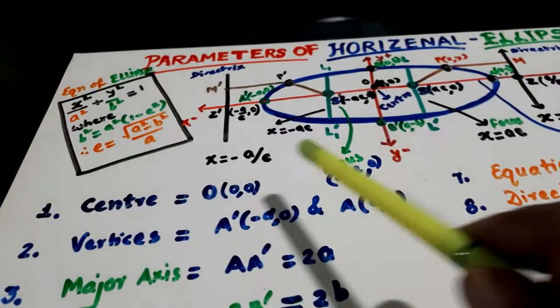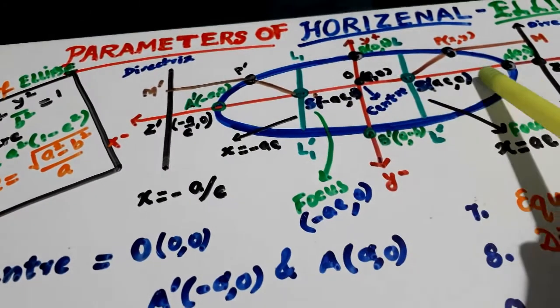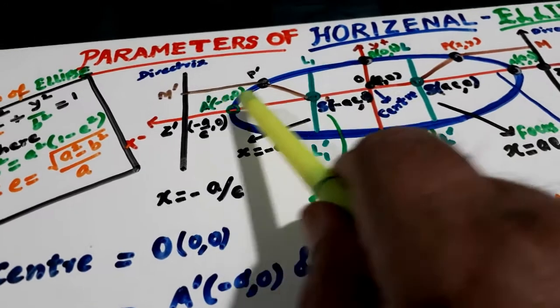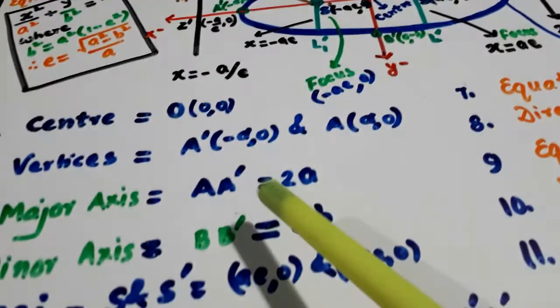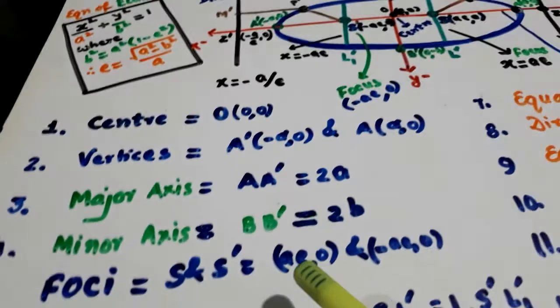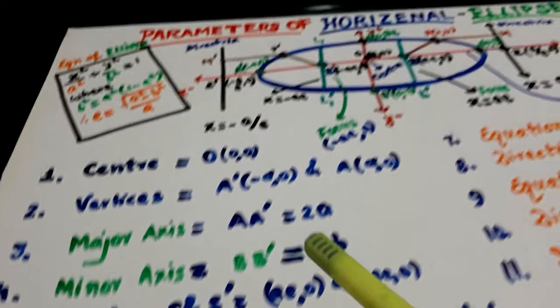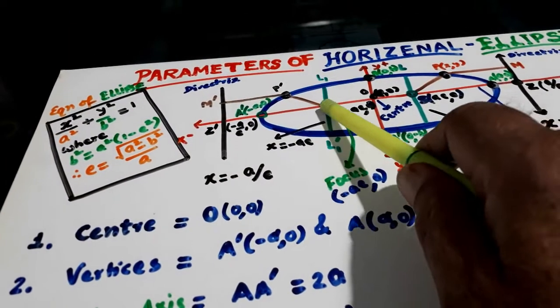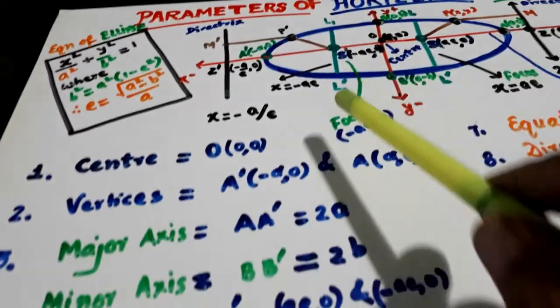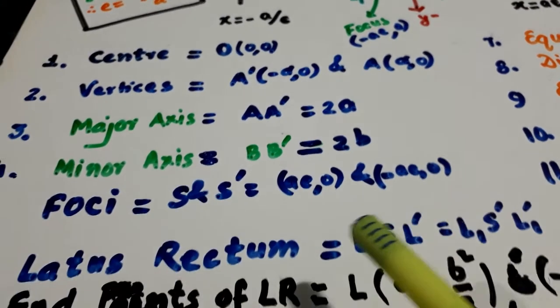Major axis is this, from here to here. And this is the minor axis, which is equal to 2B, B, B dash. Foci are 2, S and S dash. Their coordinates are plus minus AE, 0.